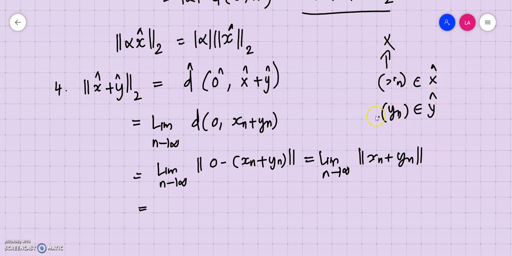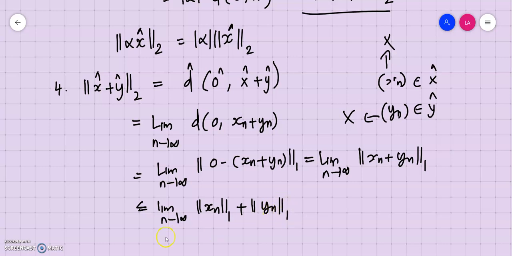Which means that in capital X associated with norm 1 we have the triangle inequality. So this can be written as, which is less than or equal to, limit n tends to infinity norm of xn 1 plus norm of yn 1.